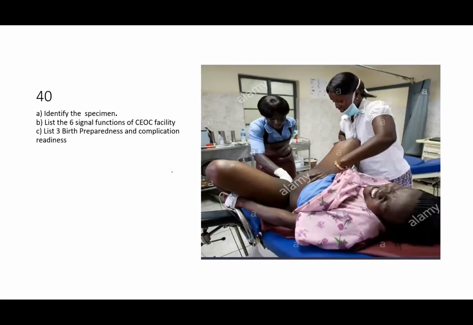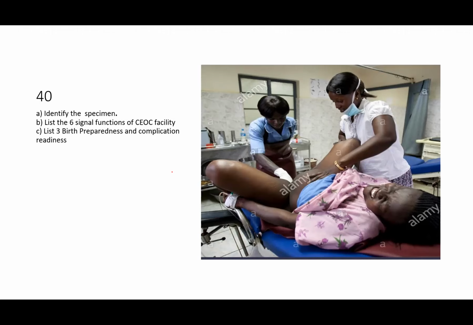Yes. Identify the specimen. Woman in labor. Yes, of course. Woman in labor, where?